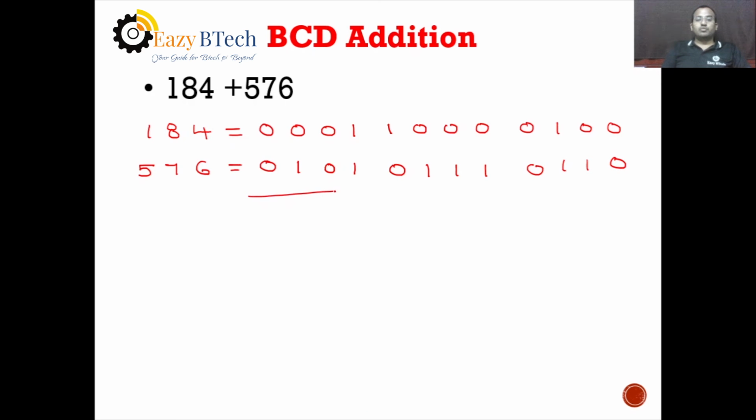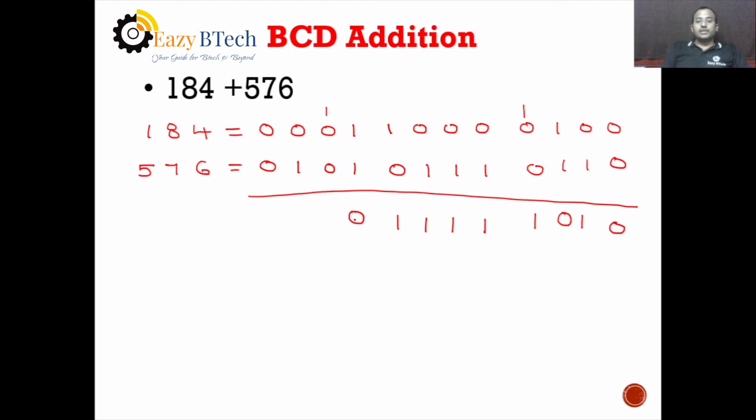Now add the corresponding bits, corresponding nibbles. 0 plus 0 is 0, 0 plus 1 is 1, 0 plus 1 plus 1 sum 0, 1 plus 1 sum 0, carry 1. So if you add here you will get 1. Next 0 plus 1 is 1, 0 plus 1 is 1, 0 plus 1 is 1 and 0 plus 1 here is also 1. Now again add here, 1 plus 1 sum 0 carry 1.